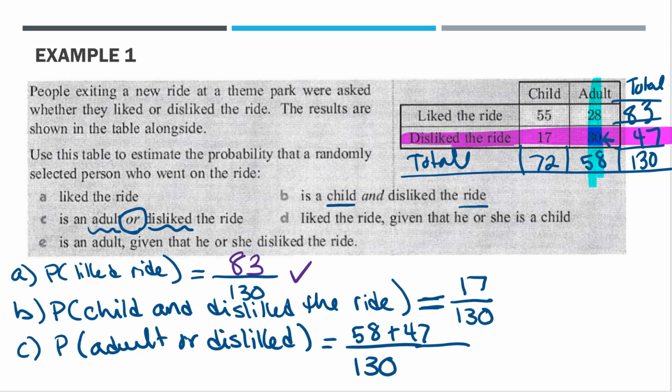And then because the 30 is counted twice, we subtract 30. So we end up getting 75 over 130. You may notice that that numerator is our same formula for events when we have an intersection of the events that we talked about in the last video. You can also get the sum of 75 from adding 17 plus 30 plus 28.